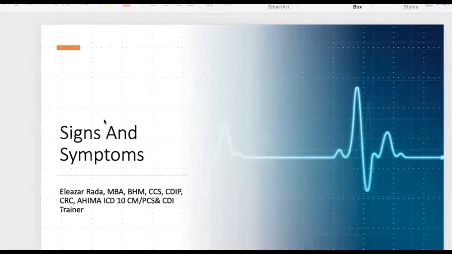Okay, signs and symptoms. When we talk about signs and symptoms, we are talking about manifestations of an underlying condition, right? So that's something that doctors always need to watch out for because according to the signs and symptoms, doctors make their decision what patient may be having.